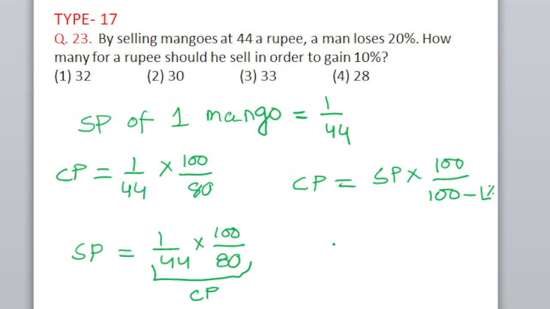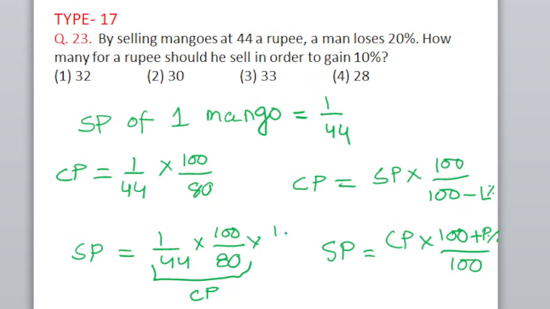Now one formula I have already told, that is SP is equal to CP into (100 plus profit percent) divided by 100. So now I am using this formula. So that is into here, this is the CP, into 100 plus profit percent, that is gain percent.